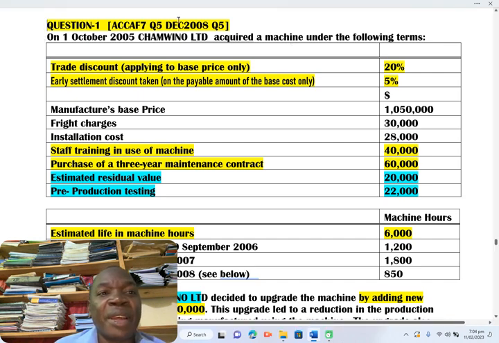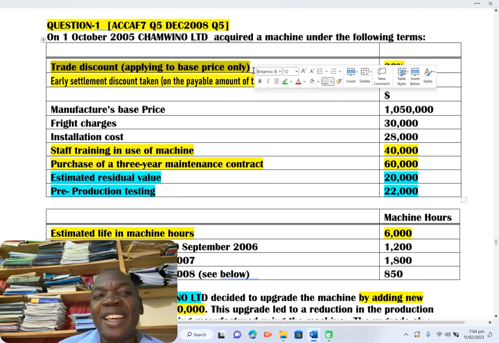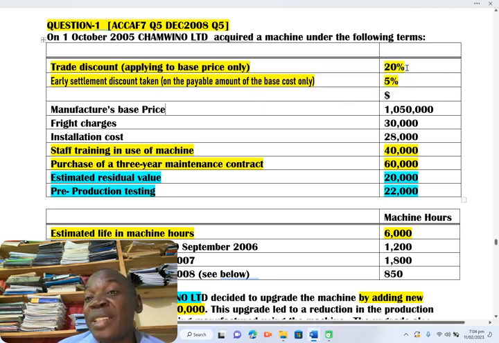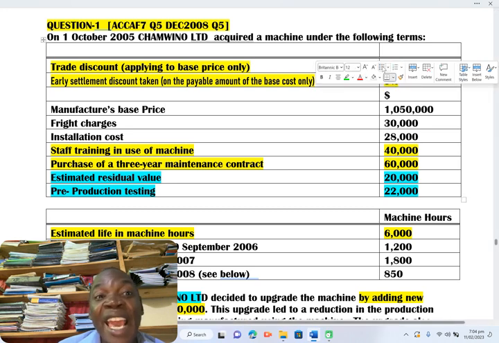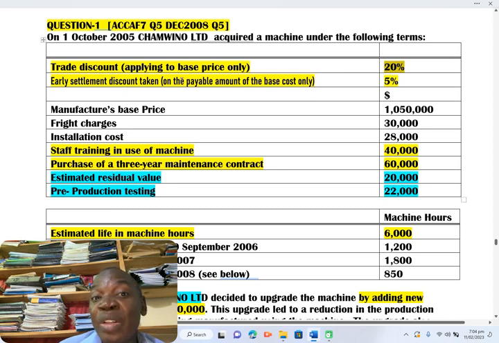Now let's see. The first one is trade discount, 20%. Early settlement discount taken on the payable amount, that was 5%. Now, the manufacturing base price, the invoice price, was 1,050,000. The freight charges, 30,000.